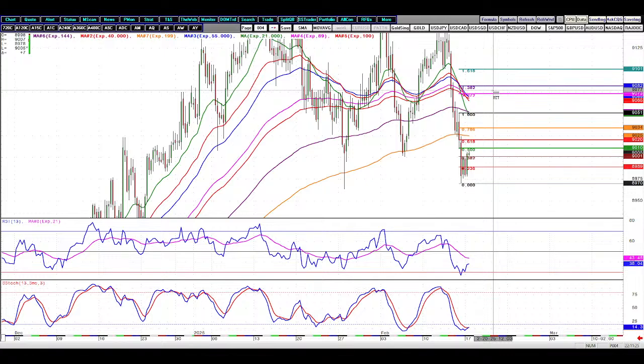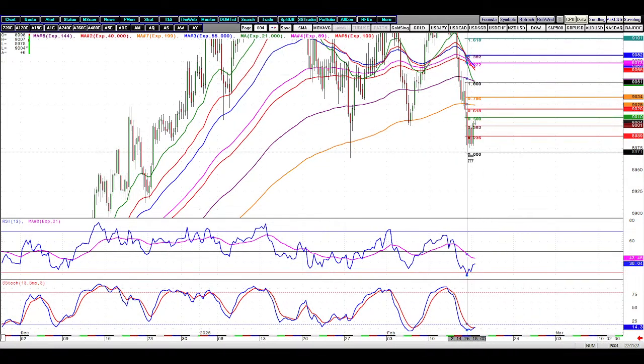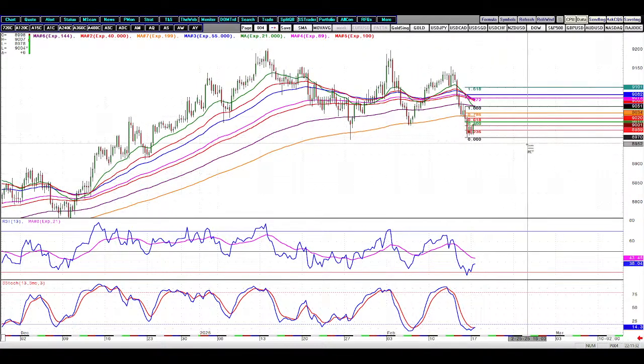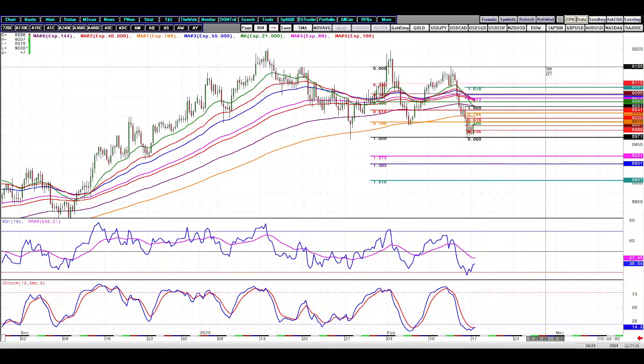Okay, 91 should be kept, and I expect this low to be tested. Of course, if it breaks, then we can see the price moving lower towards 89, 89.20. There is a strong support.